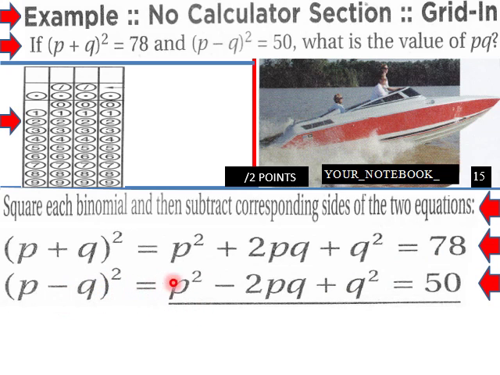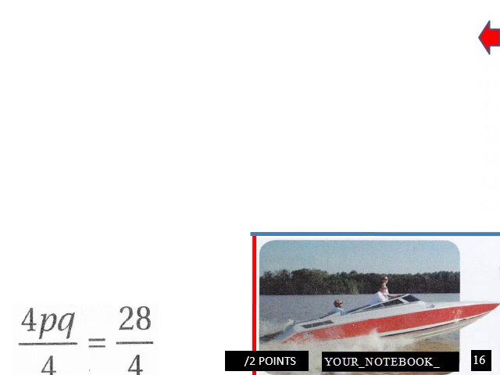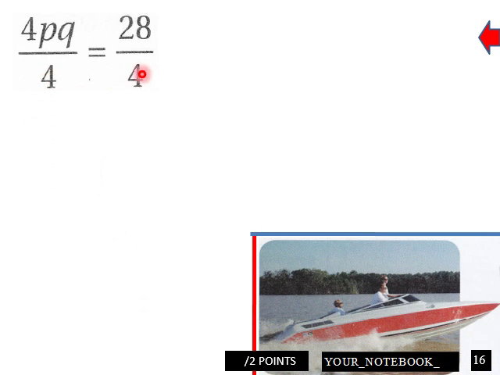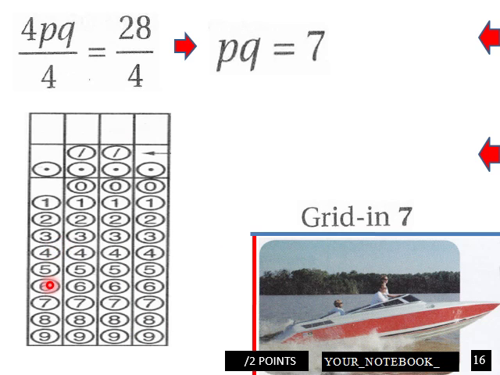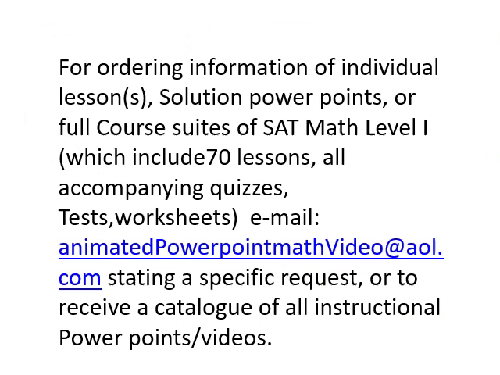And then we get this here equals 50. Then we combine these two, we get 4pq equals 28. So divide through by 4. pq equals 7. Grid in 7 here.